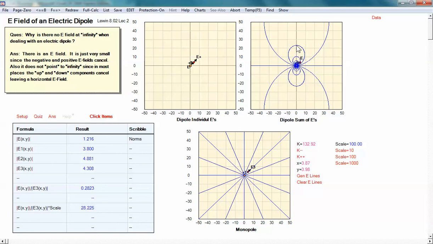We have a field line out here at 20, which we couldn't see before because we were looking at a little region here, and it looked like the field line sort of ended at the end of our observation box. But there are field lines out there, and in fact, we go way out here. This is going to eventually curve back, and we'll hit that field line. But they're very, very far apart, reflecting the fact that the field is extremely small out there.